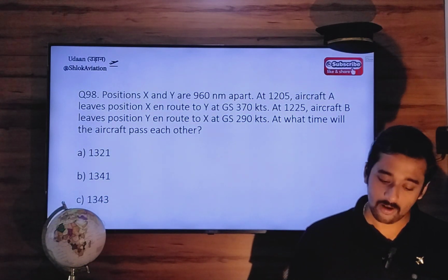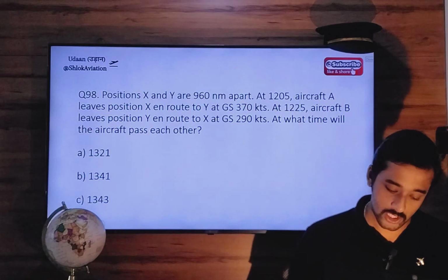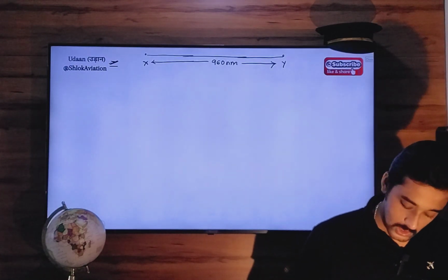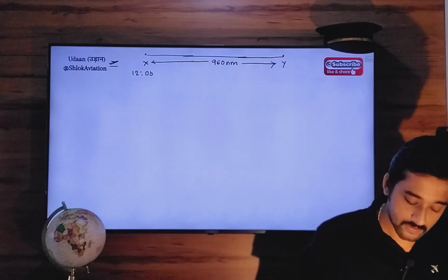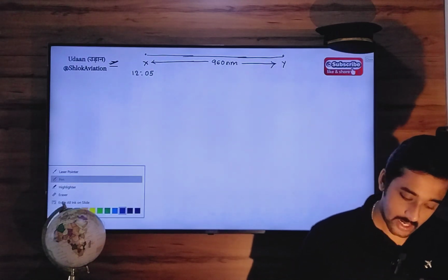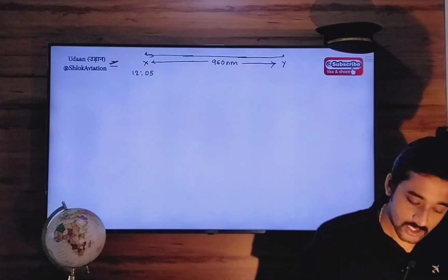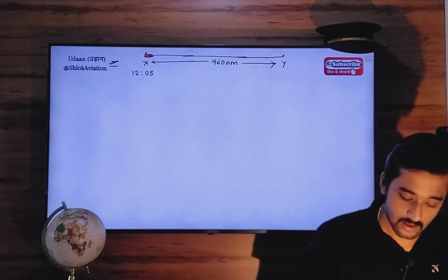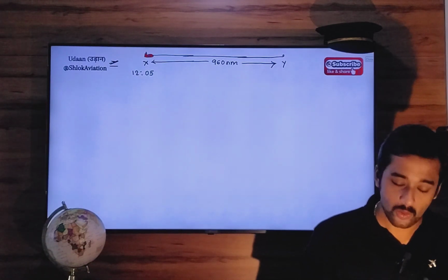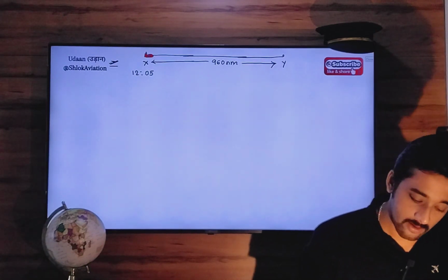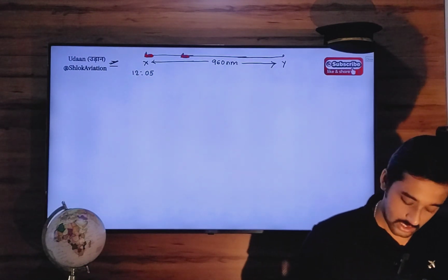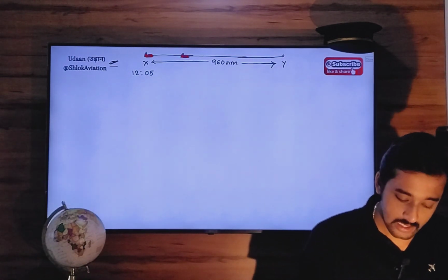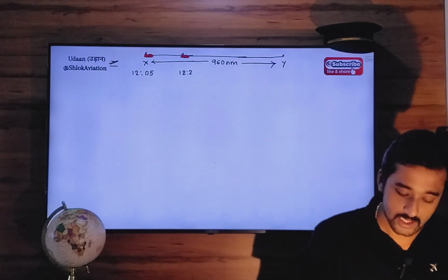At 12 o'clock 5 minutes, aircraft A leaves position X. So at 12 o'clock 5 minutes, there is an aircraft starting from this position X. 20 minutes later, it will be somewhere here. At 12 o'clock 25 minutes, it will be somewhere here.